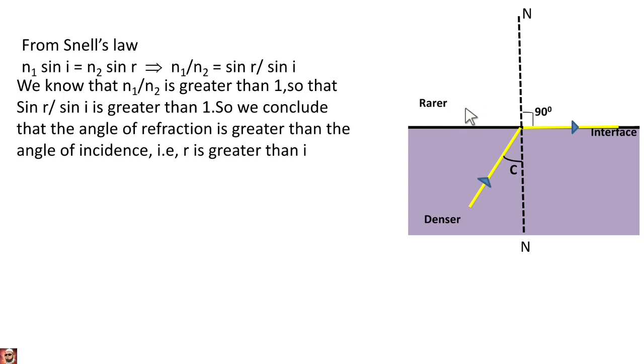Denser medium by rarer medium, when you take the ratio, you will get a value greater than 1. If n1 by n2 is greater than 1, then sin r by sin i is also greater than 1. So we can conclude that the angle of refraction is greater than the angle of incidence, that is r greater than i.